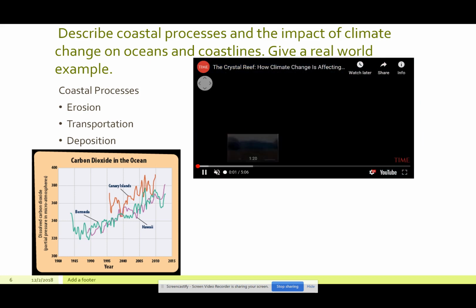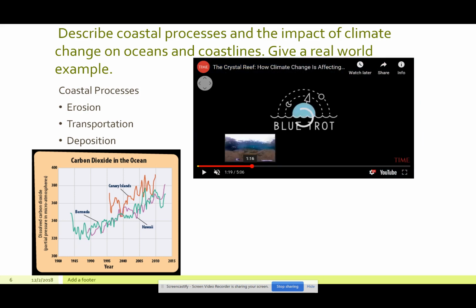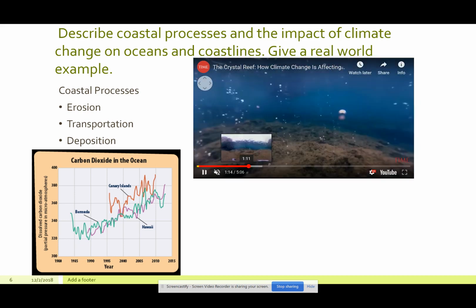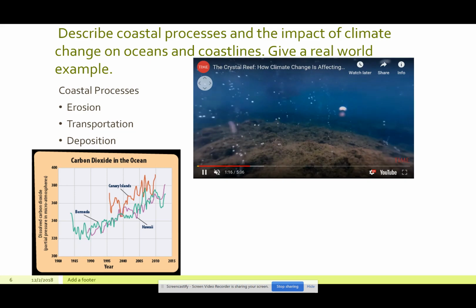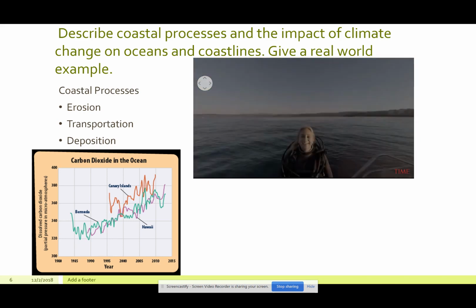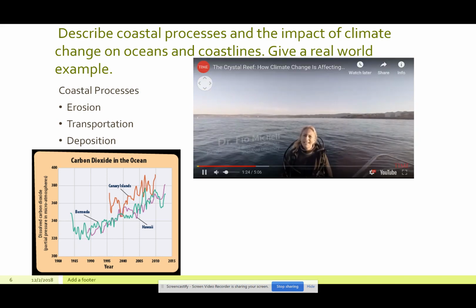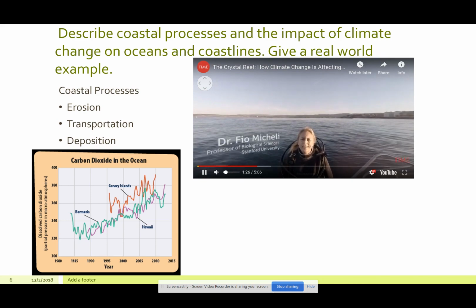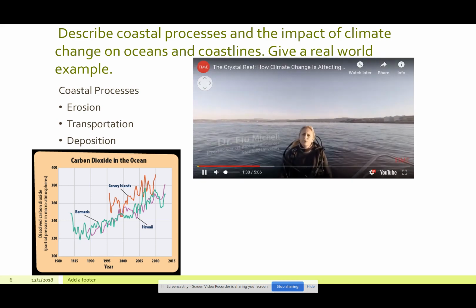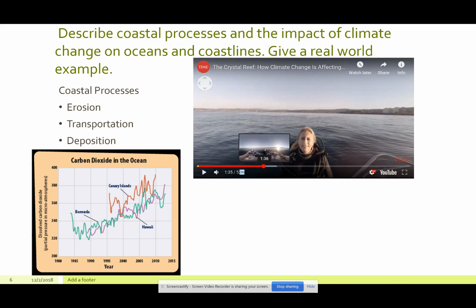So I'm just going to skip ahead here to where she talks about these vents. The bubbles here, as you can see, are what is taking in the carbon dioxide and making the ocean more acidic, basically, is what is happening here.